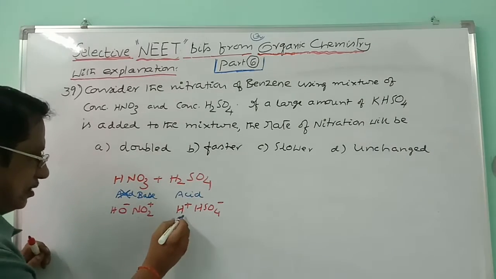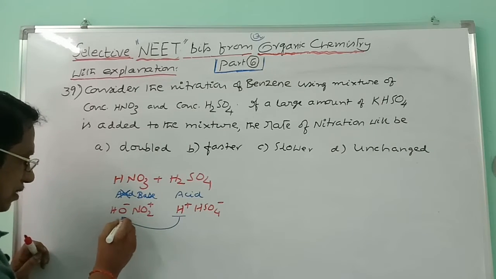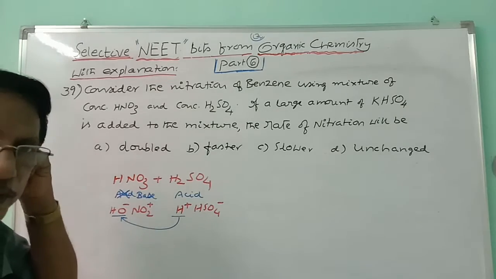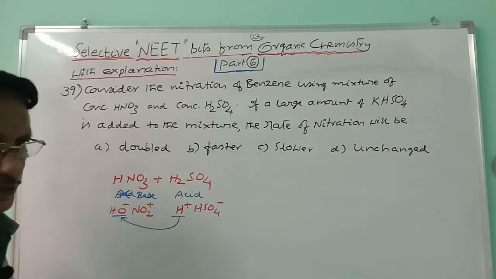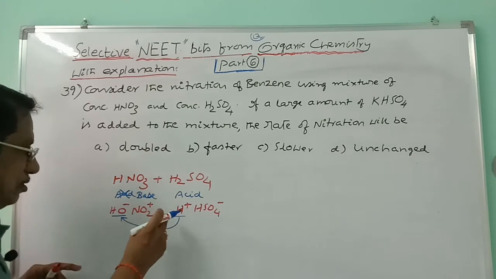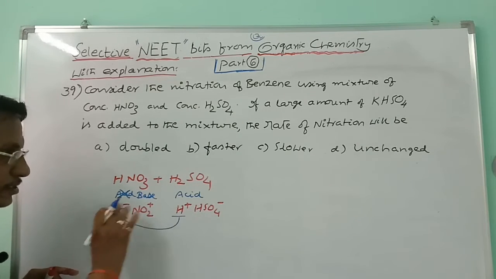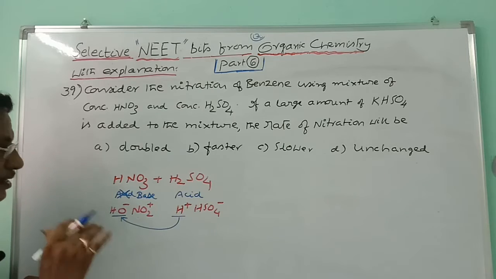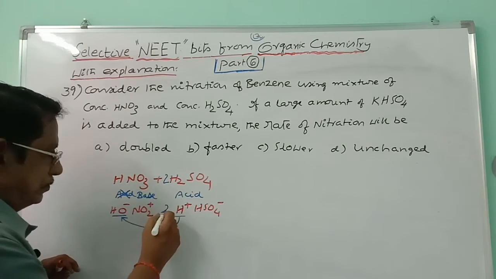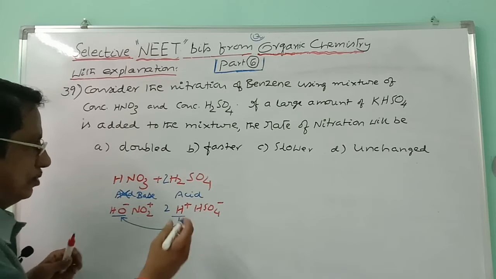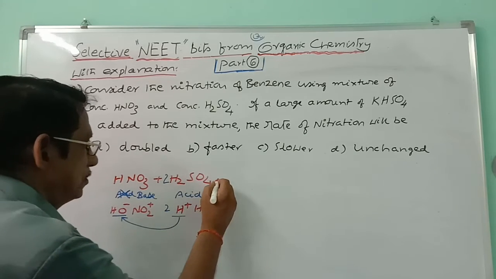And what happens here? H plus will be accepted by OH minus. But H plus will not exist as a free hydrogen ion. That means you have to take 2H plus, OH minus will be converted to H3O plus. And that is why you have to take here 2. And so what happens here?